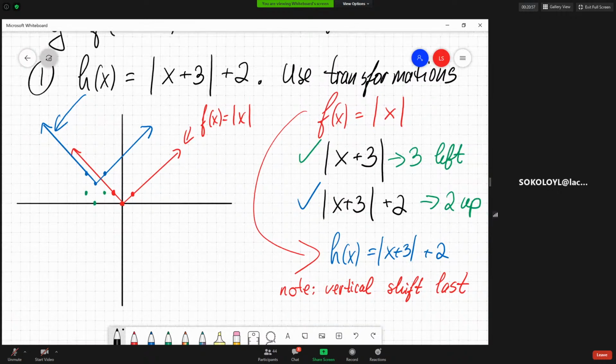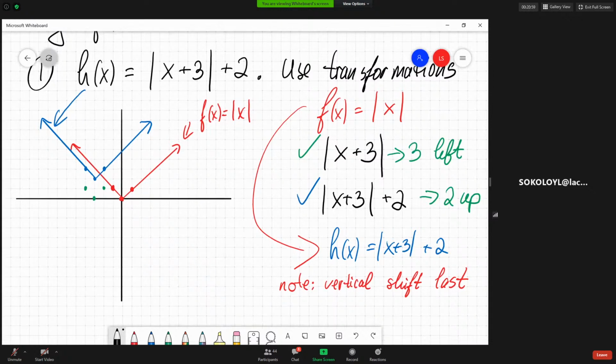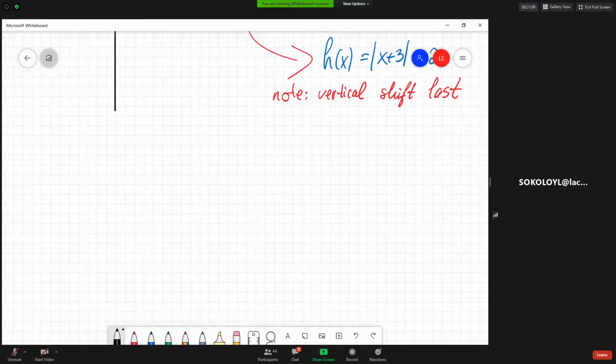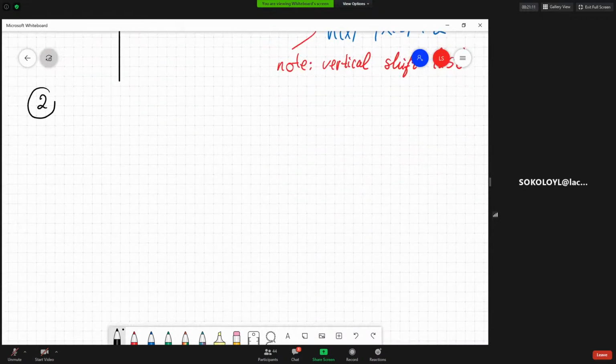So that would be one of our questions. Let me give you an example to try on your own, and we'll do a different parent function. Let's call this number 2. Let's call it g of x equals the square root of x minus 3.